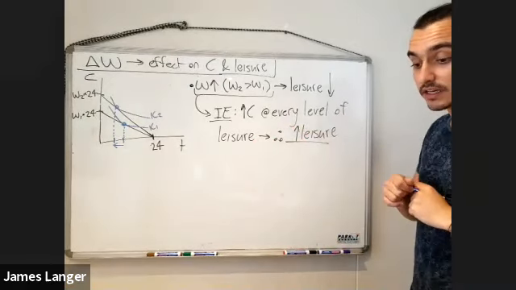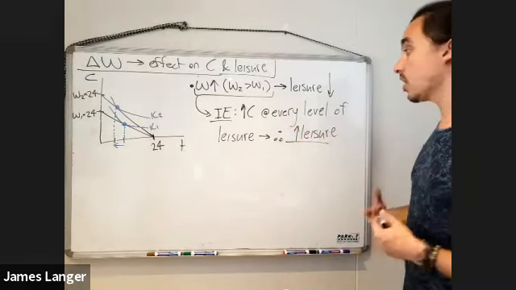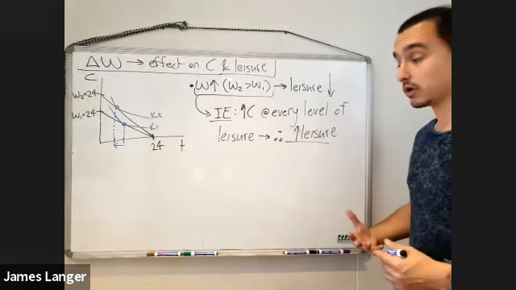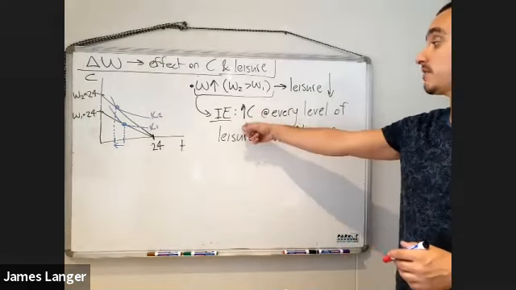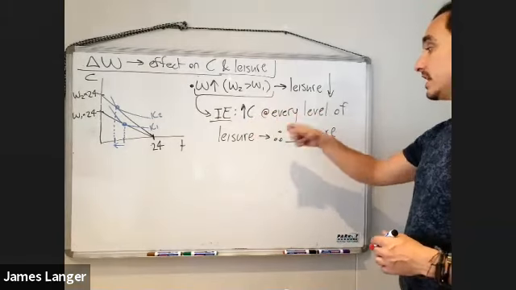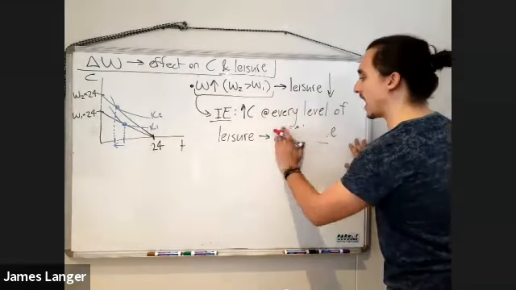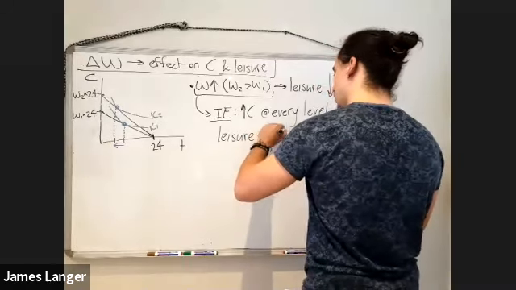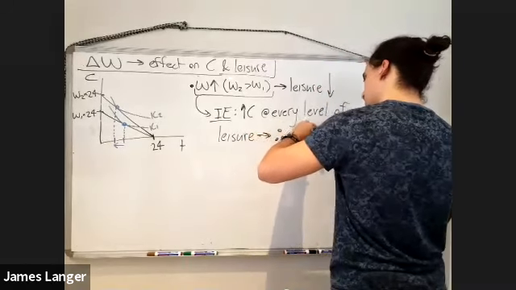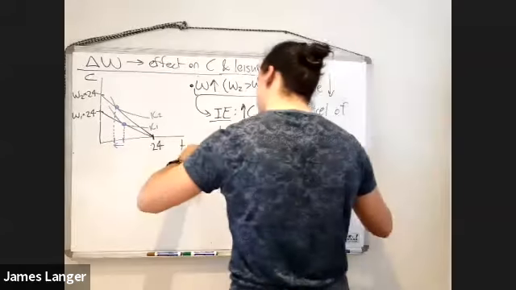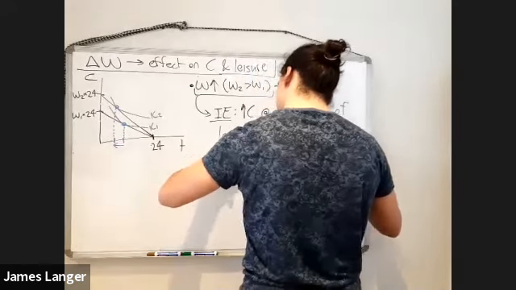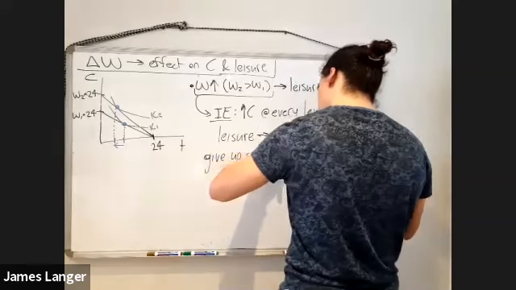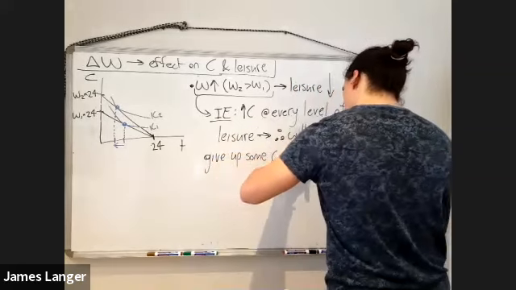I'm willing to sacrifice more consumption for leisure. So the income effect is that there's an increase in consumption at every level of leisure. Let me add a bit more. So we can say, therefore, willing to give up some C for leisure.